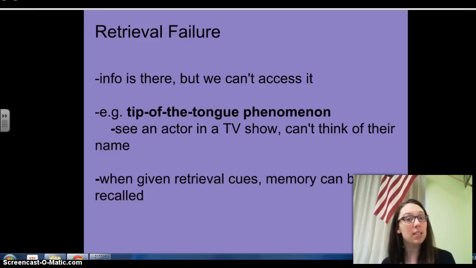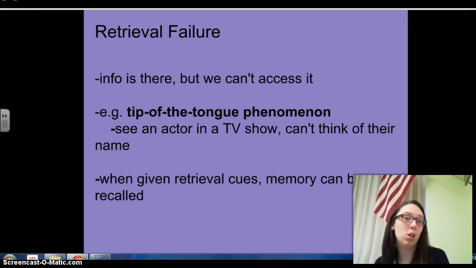This is why I emphasize to y'all that it's a really great idea to always do elaborative rehearsal, to come up with as many connections and associations with information as possible, to semantically encode whenever you can, to process things based on meaning, because that's going to decrease the likelihood that you will lose a retrieval cue.